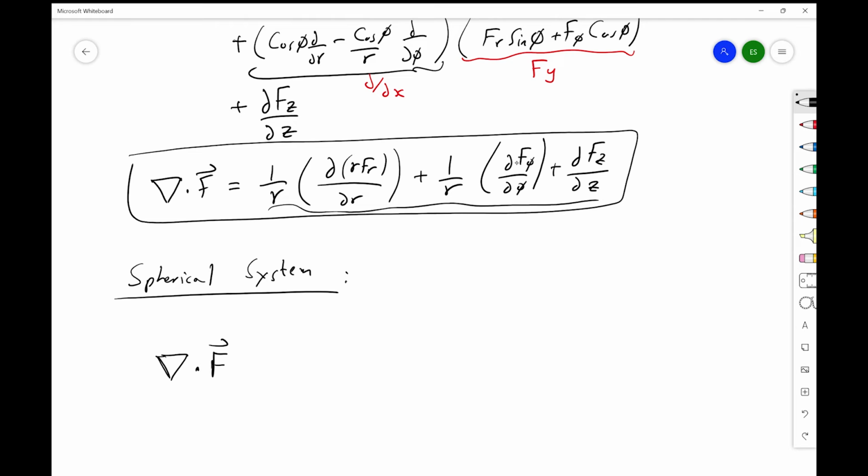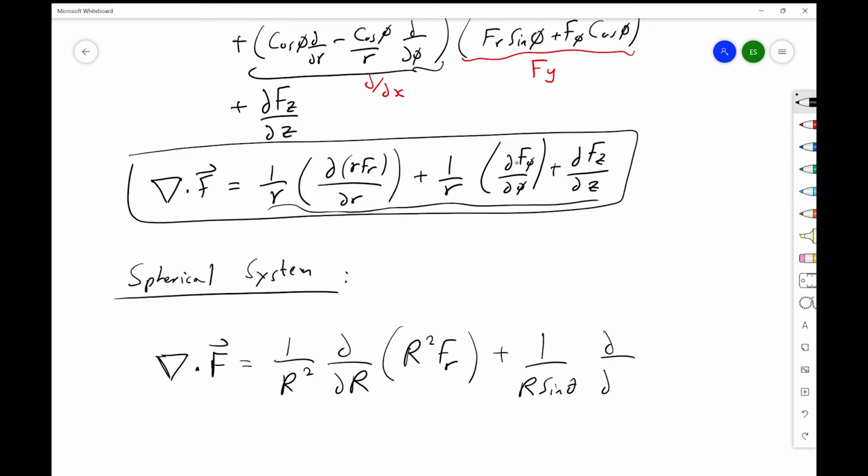But the divergence in spherical coordinates, when you start with the Cartesian system and you transform all the operators and you transform all the components and you carry all the algebra out, it's going to turn out to be something like this: 1 over r squared delta over delta r capital r squared fr plus 1 over r sine theta delta over delta theta f theta sine theta plus 1 over r sine theta delta f phi over delta phi.